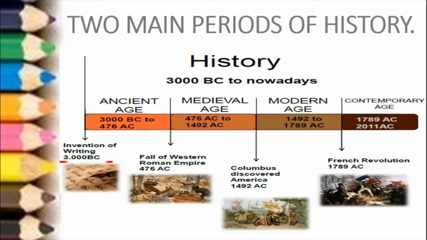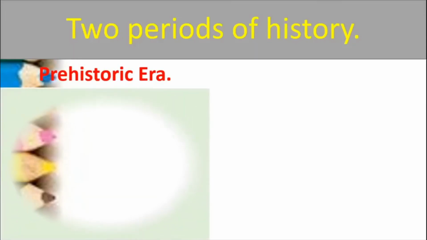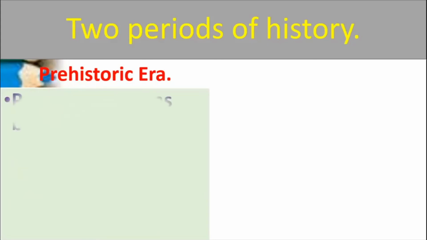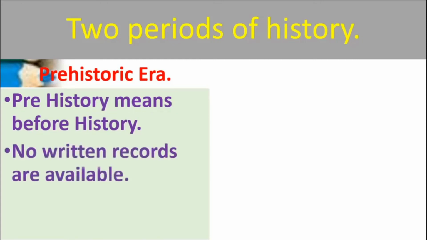Let us try and understand them once again. So the two periods of history are the prehistoric era, that is the time before history. Prehistory means time before history. Okay, and here there were no written records which were available. Nothing was written because people did not know how to write.